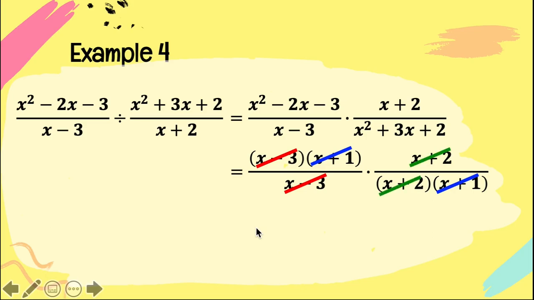As you can see, all of the expressions have been cancelled out. So the final answer is not 0, but rather 1, because we divide the same expression by another same expression. So that will just be 1.